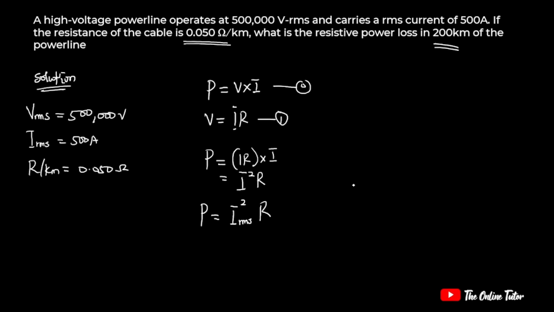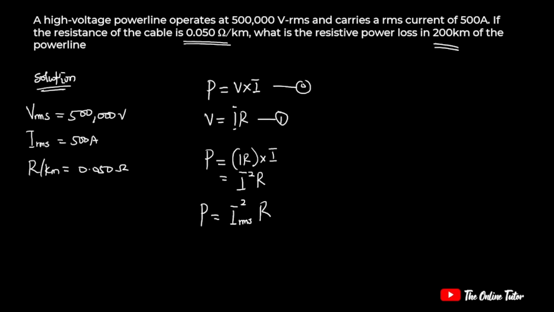But that will be wrong, in the sense that per every kilometer the resistance in the power line is 0.050, but the question is asking us to find the resistive power loss in a 200 kilometer power line, not just a 1 kilometer power line. So we need to find the overall resistance in the 200 kilometer power line before we can do the substitution. I hope you understand.